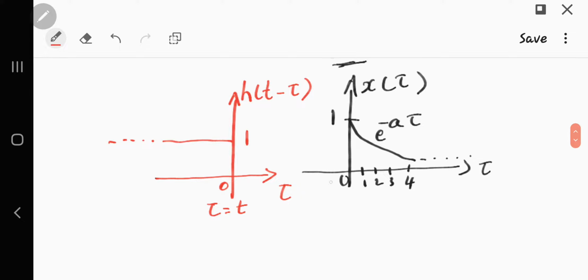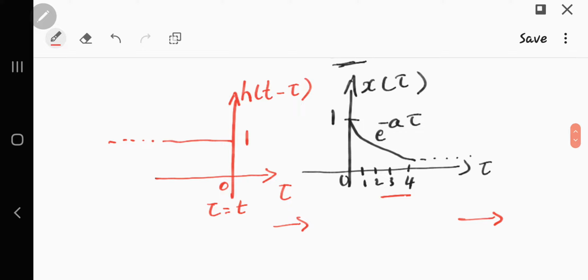Now what happens here exactly? This is my static signal, and this h of t minus tau I will shift from this end to this end, and I will mark wherever h of t minus tau overlaps on x of tau. I will take the limits and integrate to find the value of y of t.